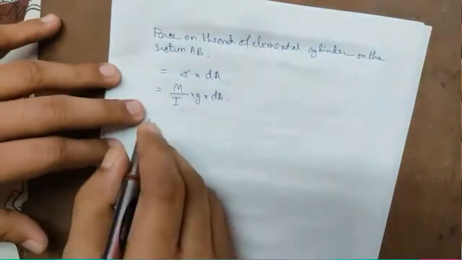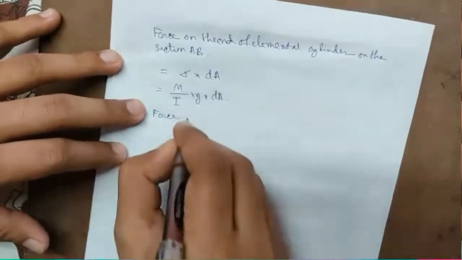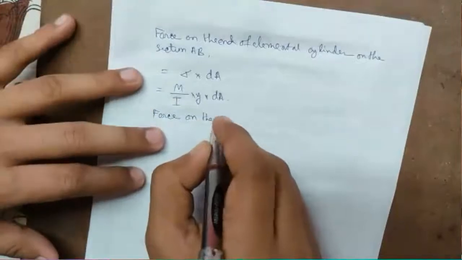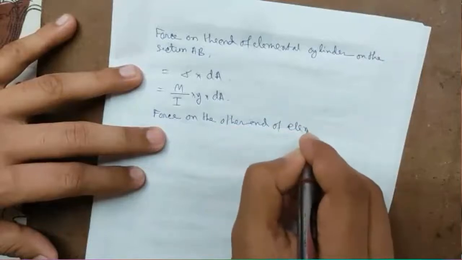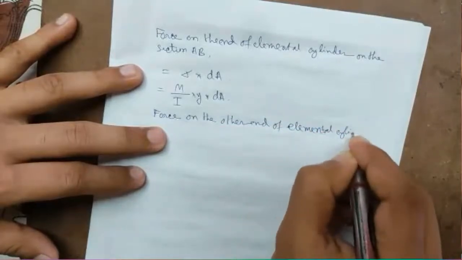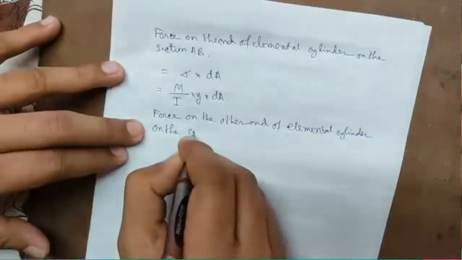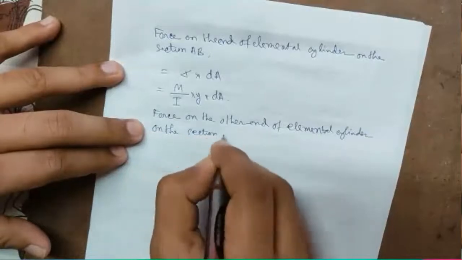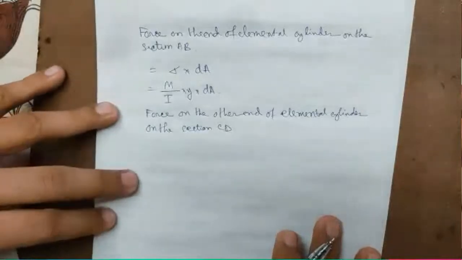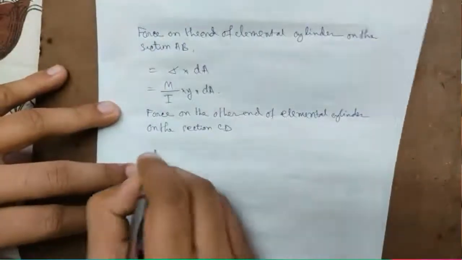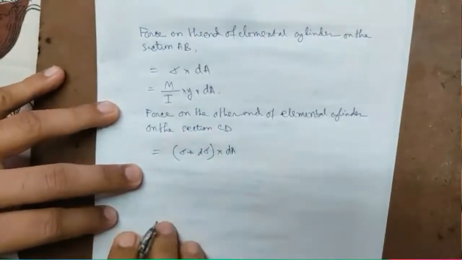Now the force on the other end of the elemental cylinder, on the section CD, will be stress sigma plus d sigma, area dA.